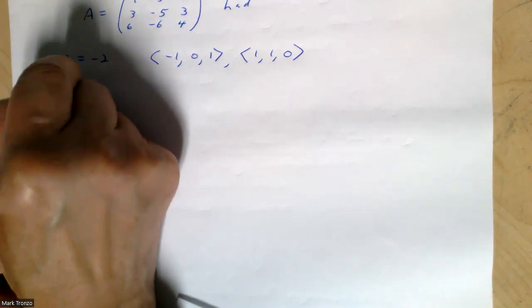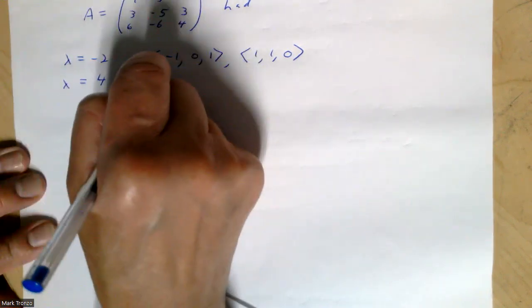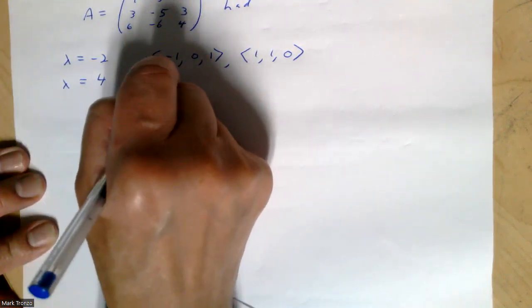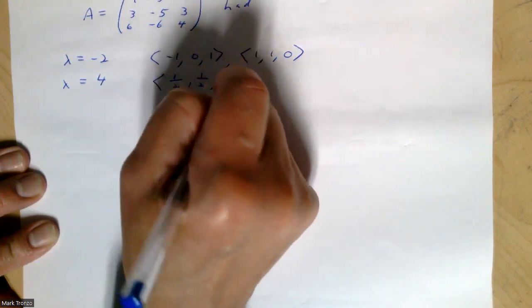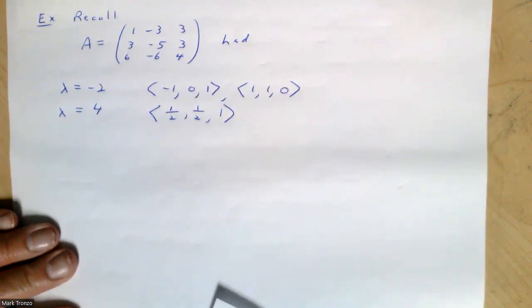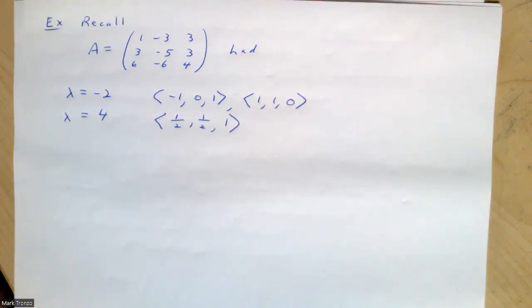And then for lambda equal 4, we had the eigenvector 1/2, 1/2, 1. So we did that a little bit ago.